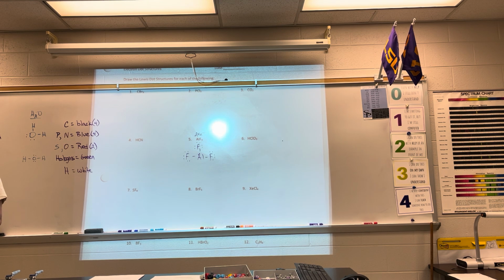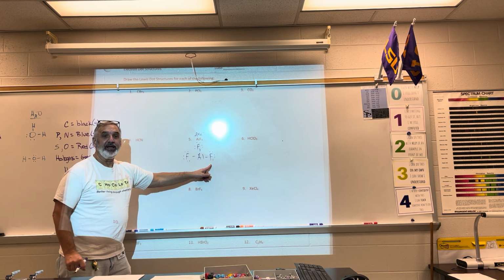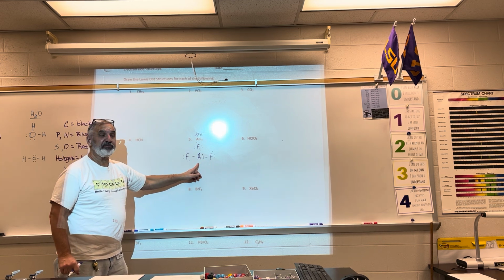Because it already has 7 valence electrons. It only needs 1 more, so it's only going to form single bonds. Halogens only form single bonds. So we're not going to form a double bond with fluorine, and aluminum only needs 6.